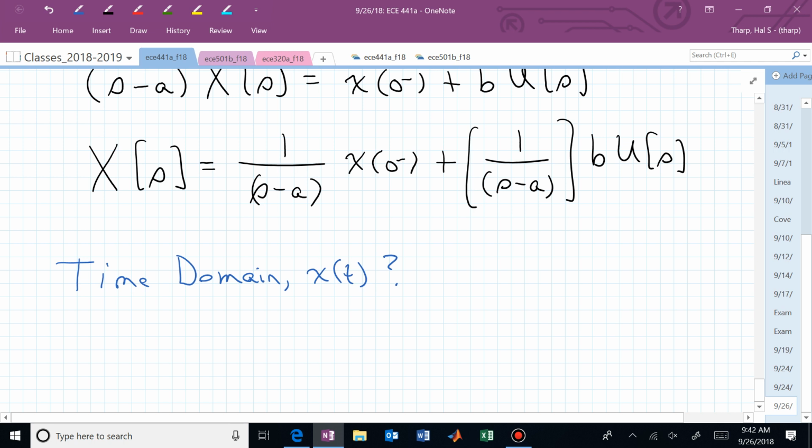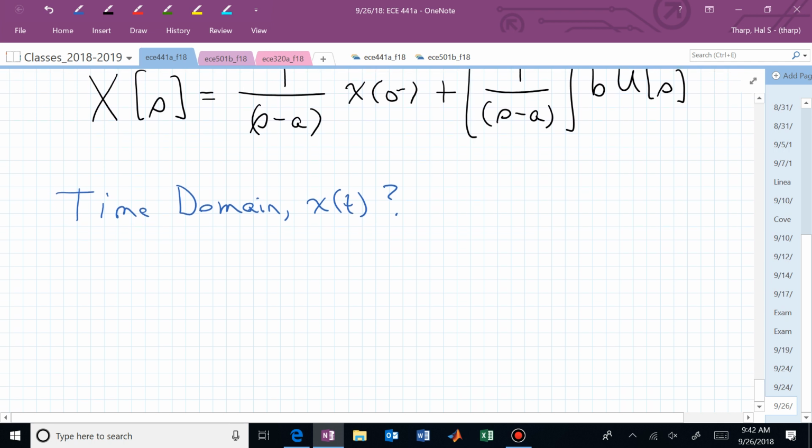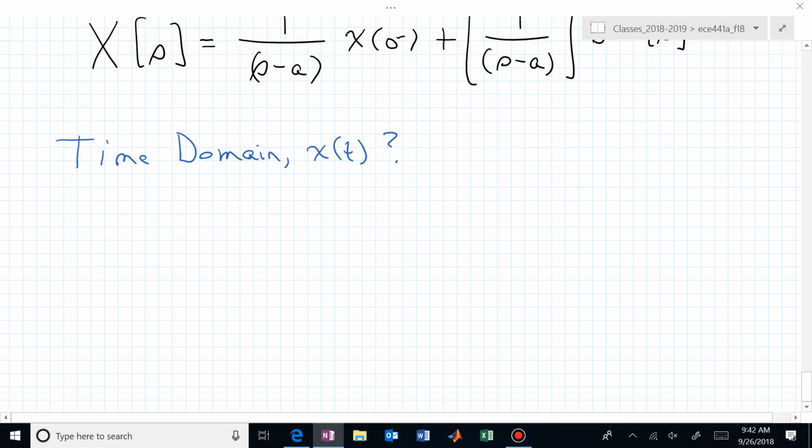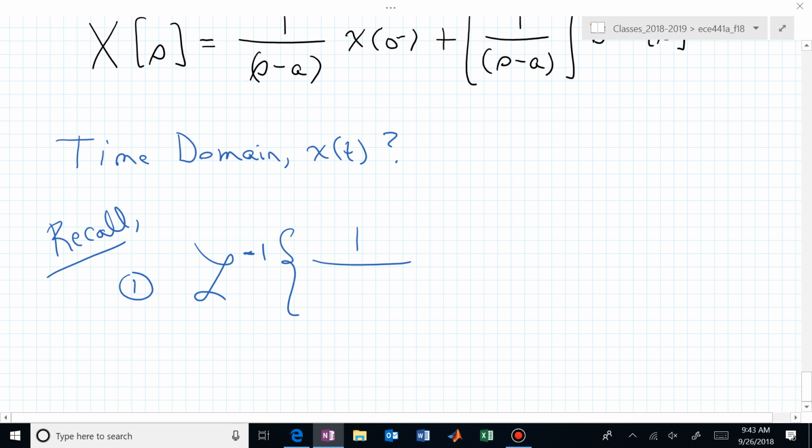What's the inverse Laplace transform of a constant times 1 over s minus a? And here I will say recall. This should be a recall from an earlier class. If I had you in ECE 320, you better be able to answer this. What's the inverse Laplace transform of 1 over s minus a?